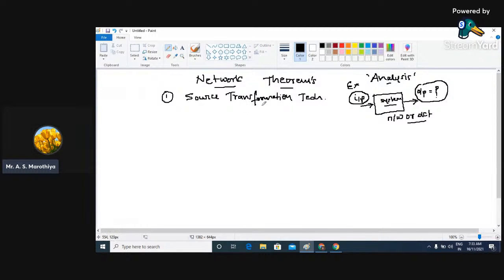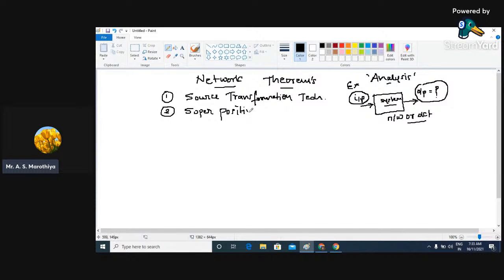And this plays a very important role in some cases. In order to analyze a circuit, it is very easy to apply the source transformation technique first to solve the circuit in a much simpler manner. So that we are going to learn in this session. Then apart from that, we have the concept of superposition theorem.